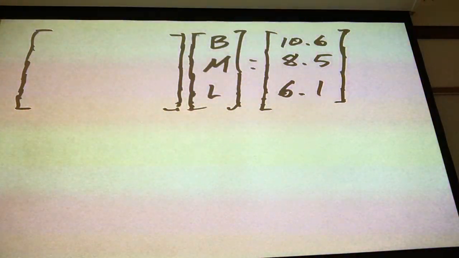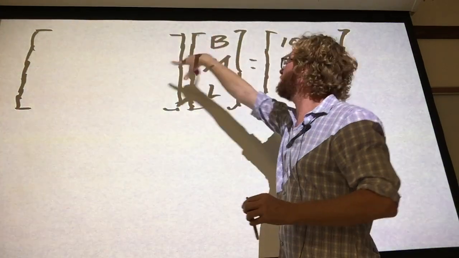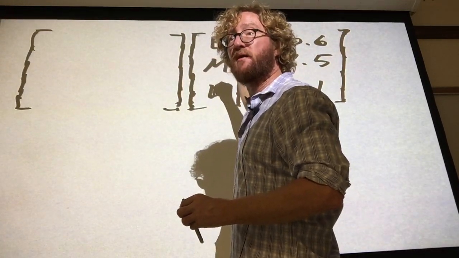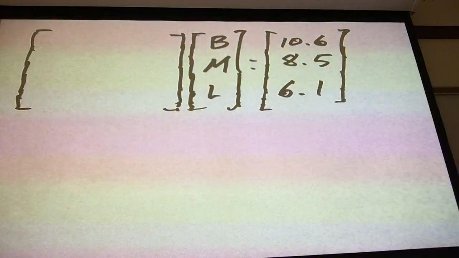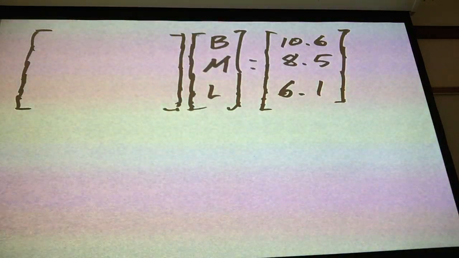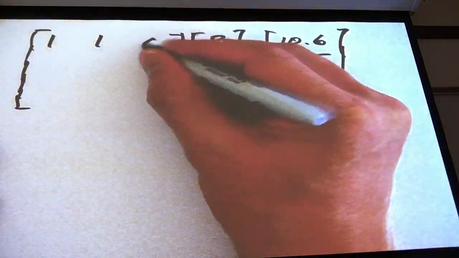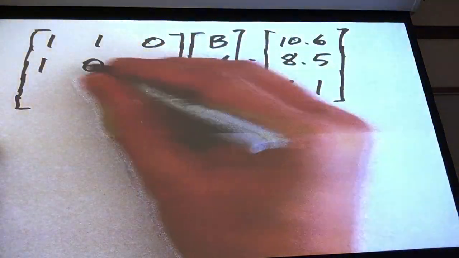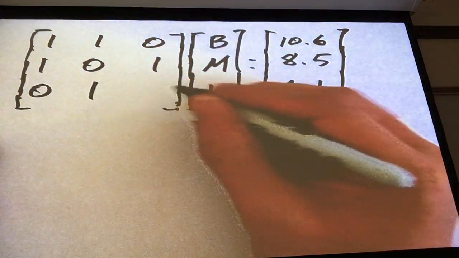Now, when a matrix acts upon a vector, it's going to be a row. This row is going to hit this column this way and do that dot product that we were talking about just a little while ago. The first part of the problem said big plus medium equals 10.6. So that's 1, 1, 0. Then big plus little, that would be 1, 0, 1, and then medium plus little, that's 0, 1, 1.